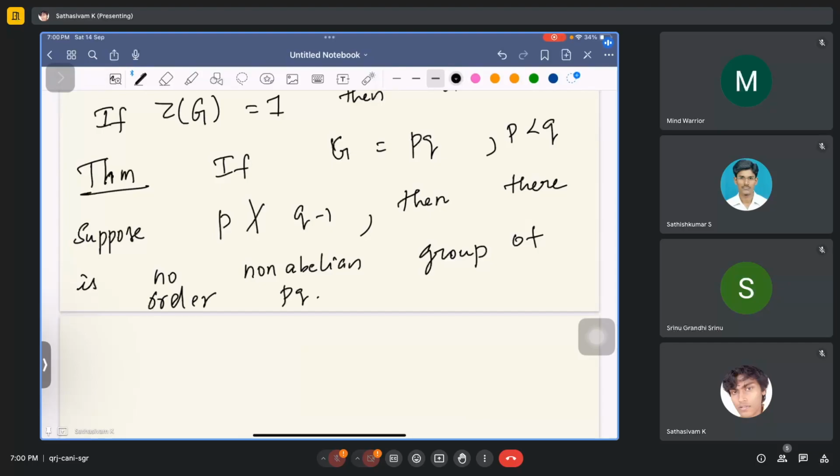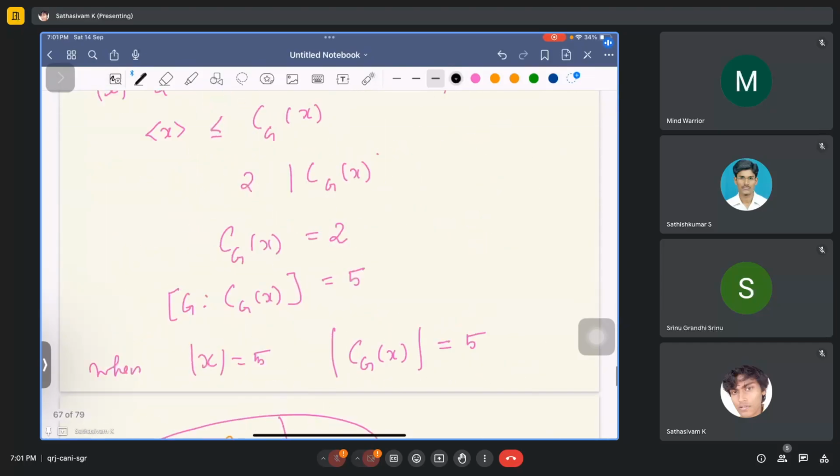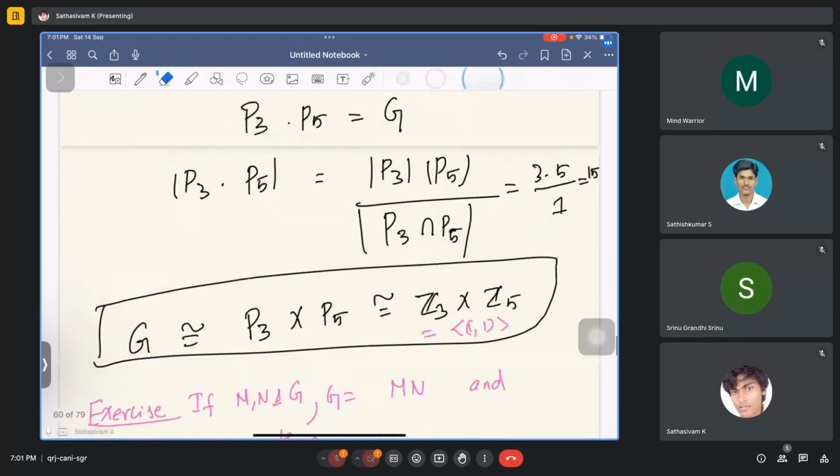One can ask me, okay, how do I write the proof? The proof is exactly like this case. Here I proved it for 15, right?